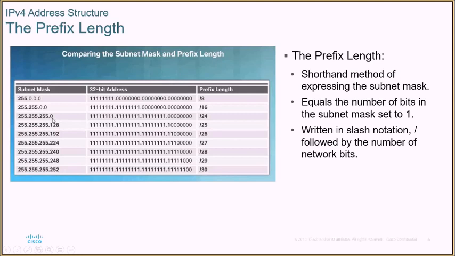So if you look at this row on the third octet here, when it comes to a subnet mask, 255, of course, is possible, but 0, 128, 192, 224, 240, 248, and 252 are the only possible numbers in a subnet mask.